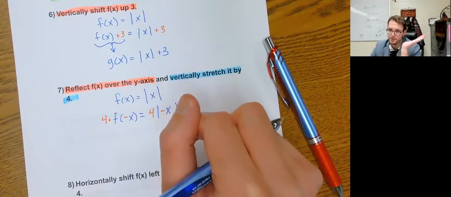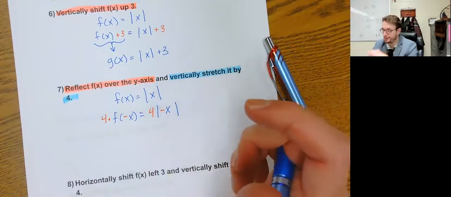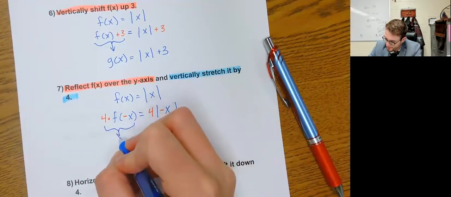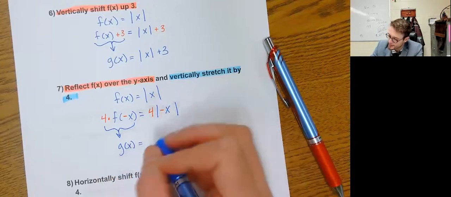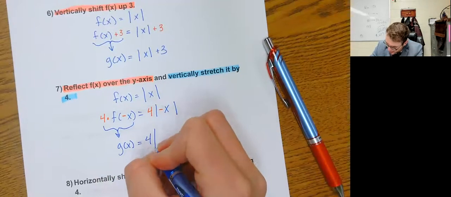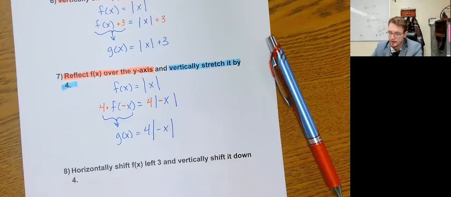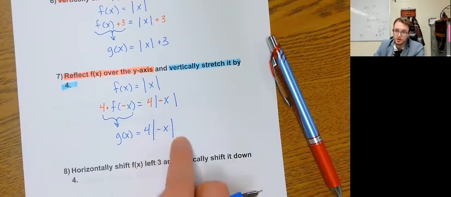If you just get rid of the absolute values, then it's no longer an absolute value function. So this changes to be g of x equals 4 absolute value negative x absolute value. So g of x is 4 times the absolute value of negative x.